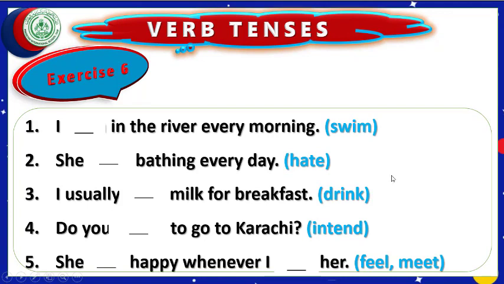This is the exercise given in our book. Now we shall try to do it. It is: I dash in the river every morning. We shall use the correct form of the verb swim. This is the exercise of present simple tense.